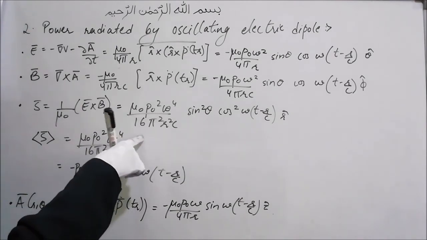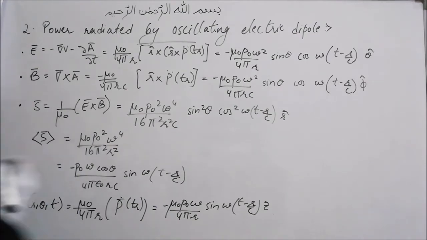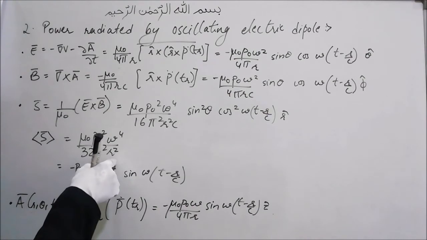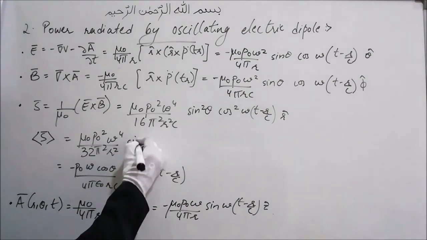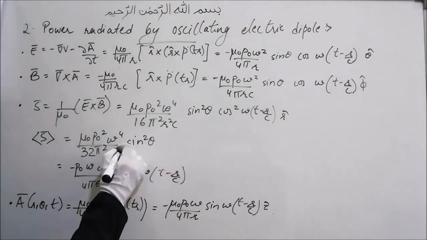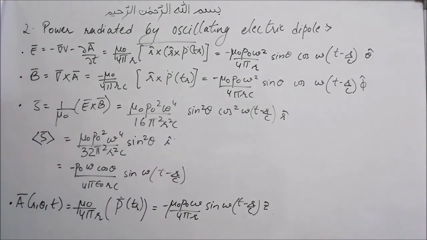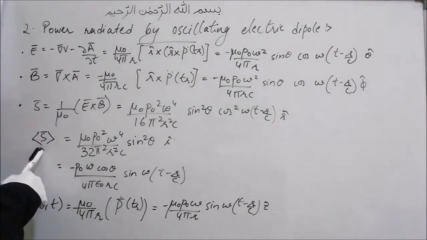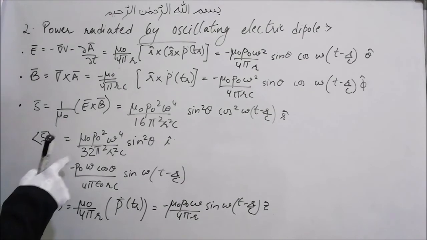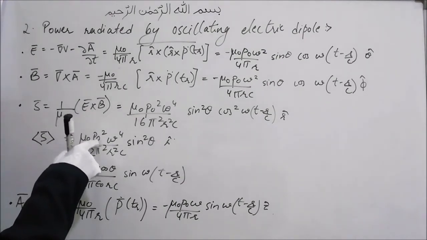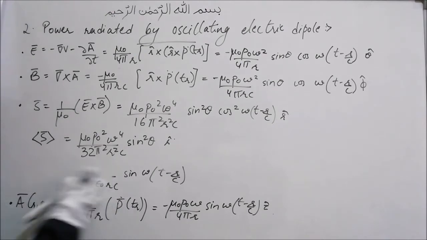Sorry, 16 will become into 2, right? So it will become 32 pi squared r squared c, and we will have sine squared theta, again in the r hat direction. Thus you can see that this Poynting vector S is actually proportional to q squared, because p naught is q naught d naught, right?